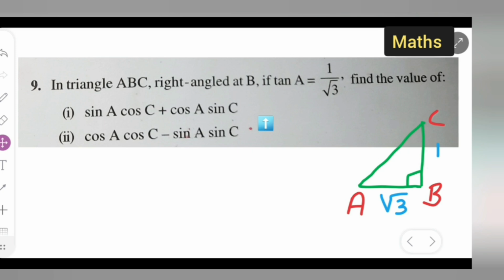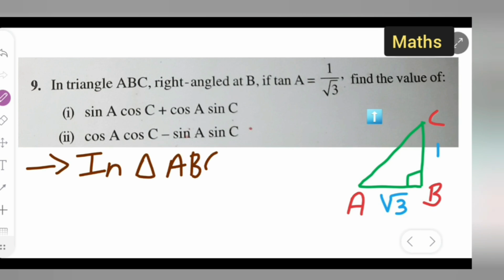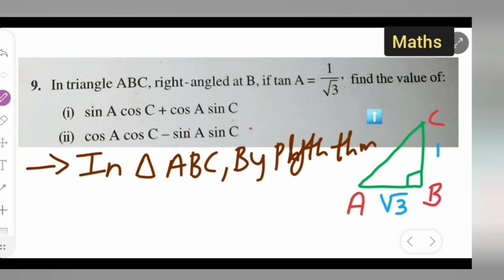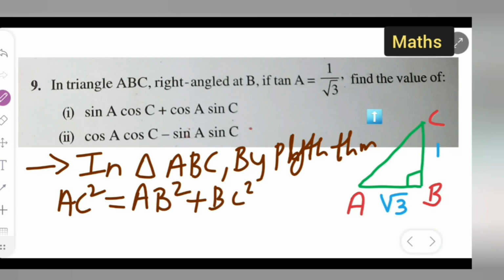So let us find out. But before that, we need to find one of the sides, that is AC. So write down, in triangle ABC, I will be using the Pythagoras theorem. So AC square is equal to AB square plus BC square.